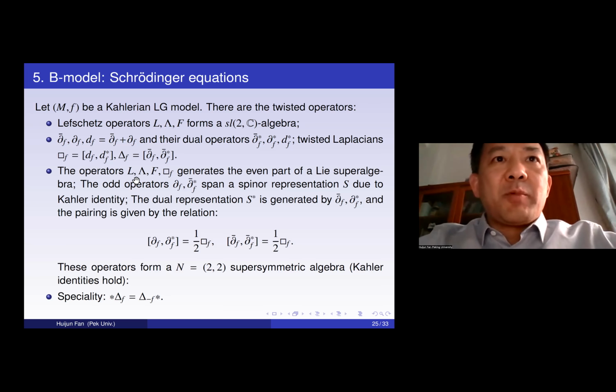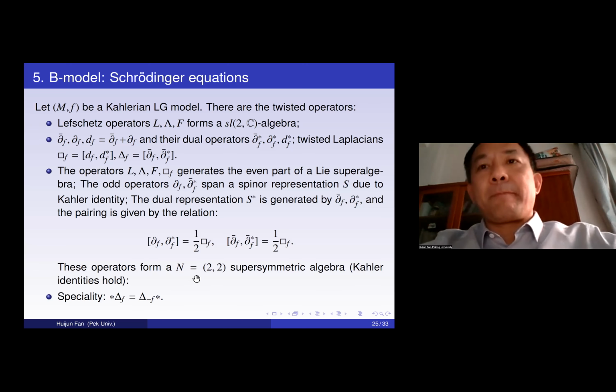That means the operators L, Λ, F, and Δ_F generate the even part of a Lie superalgebra. The odd operators ∂_F star span a spinor representation S due to a Kähler identity. We also have the dual representation S star generated by ∂_F and ∂_F star. And the pairing is given by the following relations. So all the operators form the N=2 supersymmetric algebra.